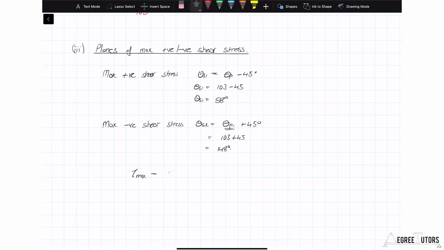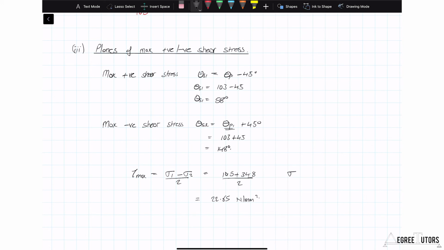All right, and we can determine tau max, which is pretty straightforward. That's just equal to, remember we said it was sigma 1 minus sigma 2 over 2. So we get 22.65 newtons per millimeter squared. And again, we'd like to know what is the normal stress that exists on those planes as well.